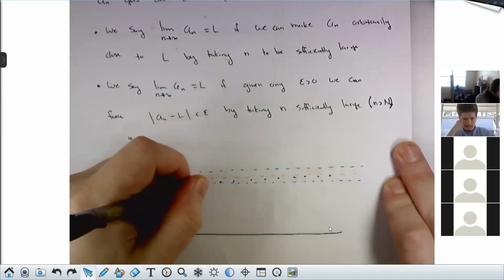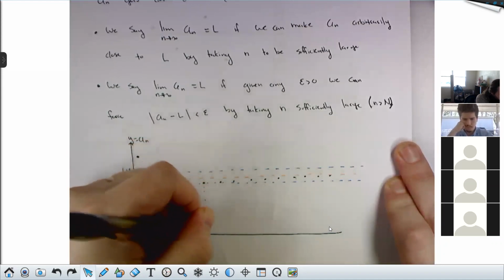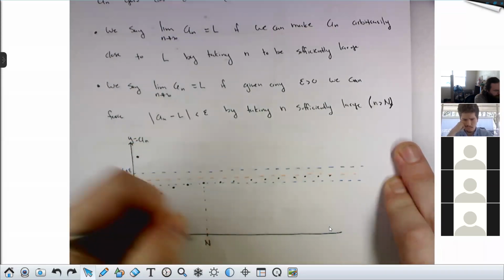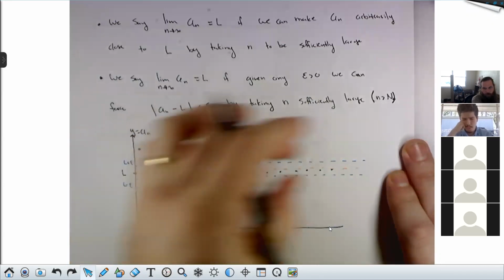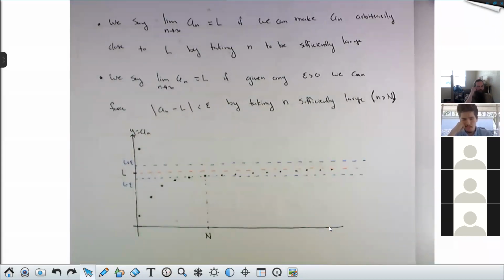But if you look from here on, all the terms of the sequence are within this little blue window about L. So the distance from AN to L, which is the vertical distance from the orange here in the middle to the blue, can be made small by taking n sufficiently large.